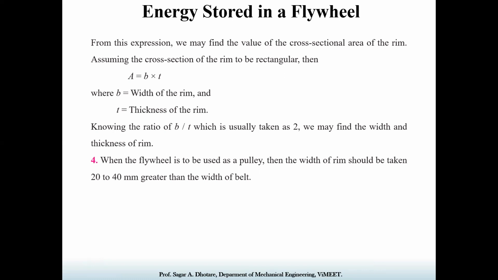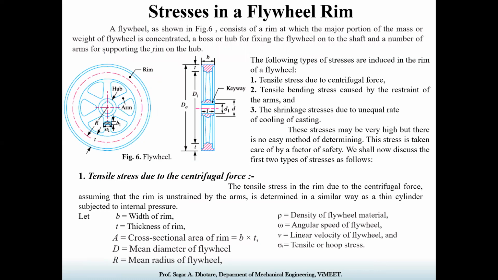When the flywheel is to be used as a pulley, then the width of the rim should be taken 20 to 40 mm greater than the width of the belt. This point is to be noted, because these empirical relations will help you to easily calculate the dimensions.